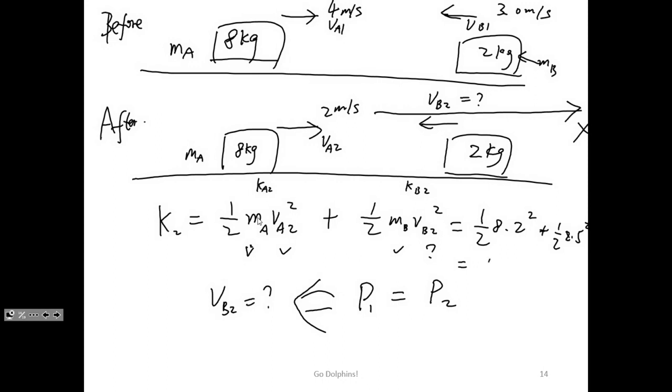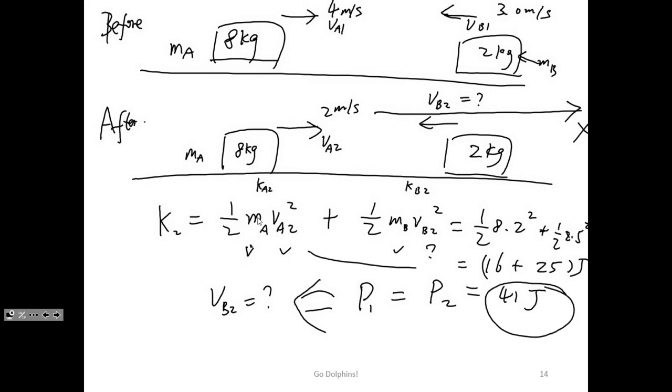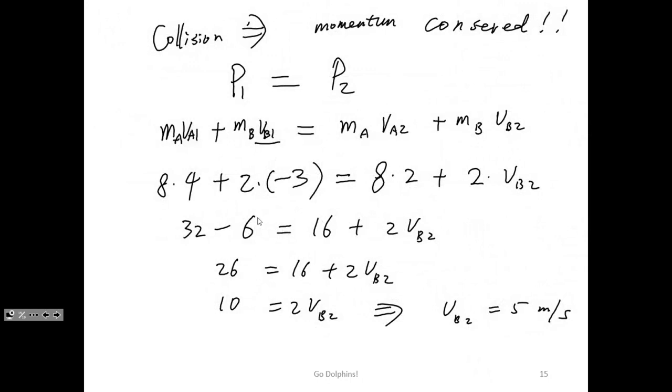This gives us 16 plus 25 joules, 41 joules. This is our answer. So the final kinetic energy of the system is 41 joules.